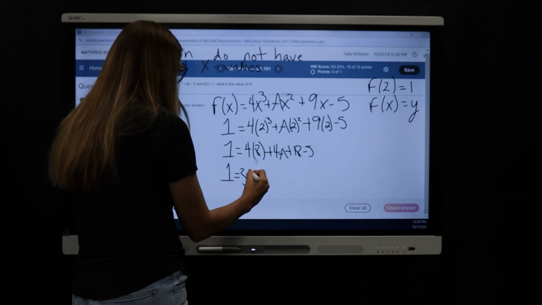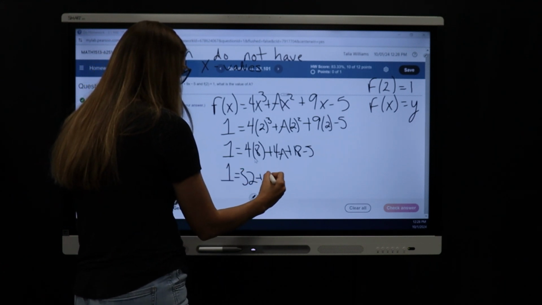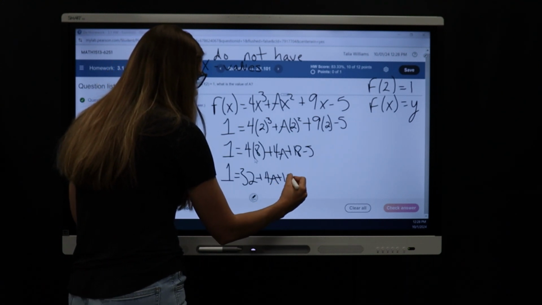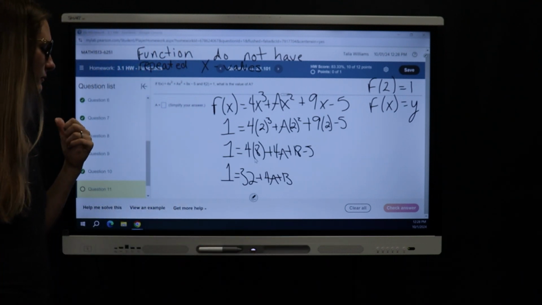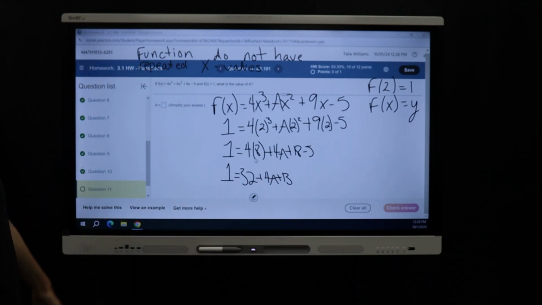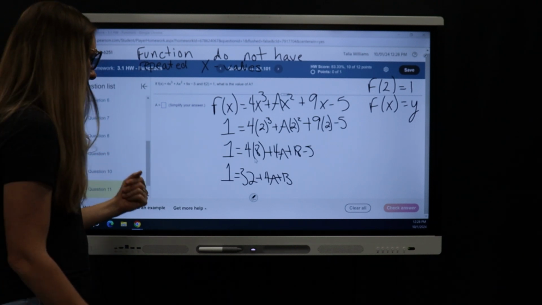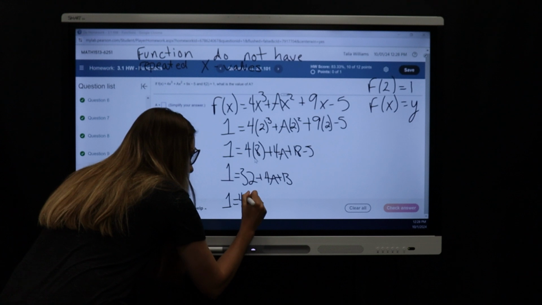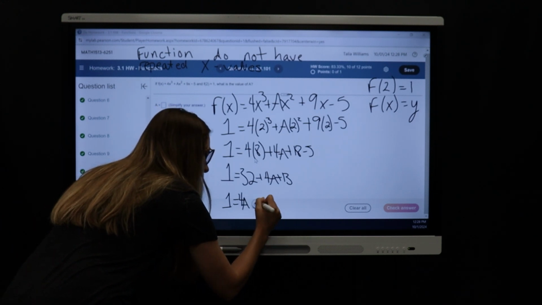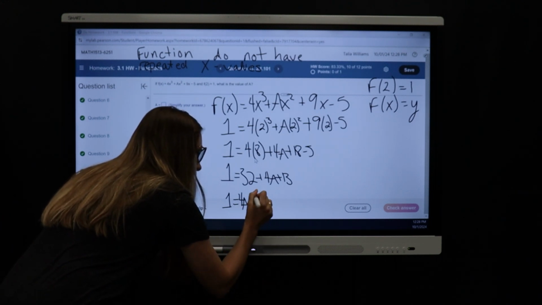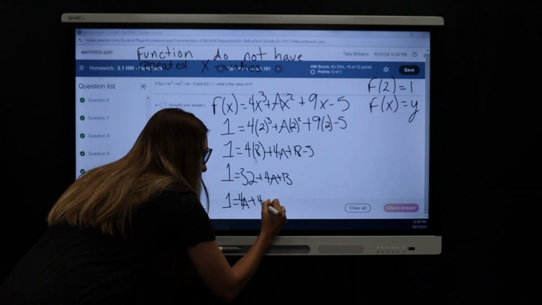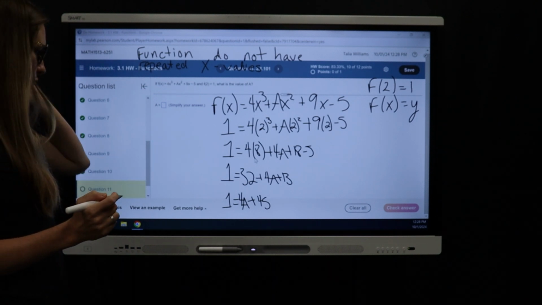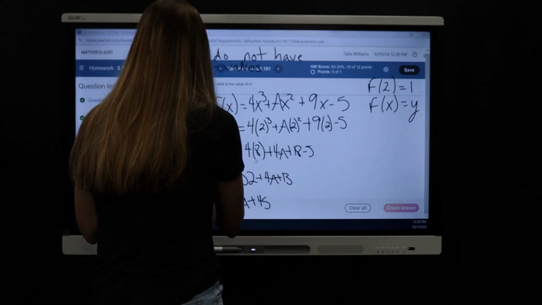4 times 8 is 32. Plus 4a. 18 subtract 5 is 13, right? 14, 15, 16, 17, 18. Okay, we're going to do 32 plus 13. So 1 equals 4a plus 45. I'm going to subtract 45 from 1.